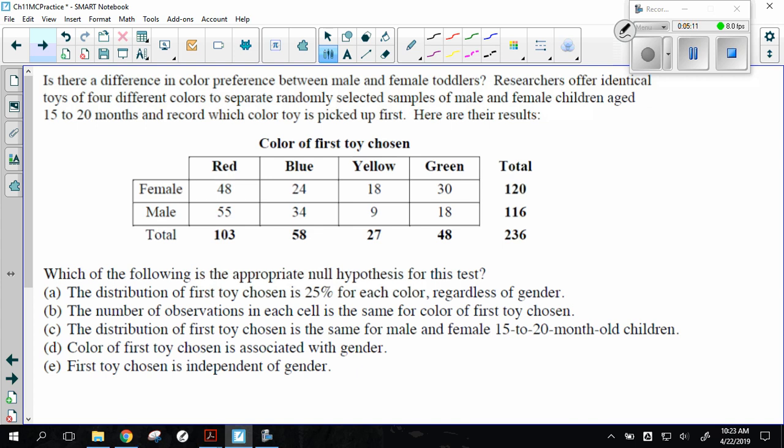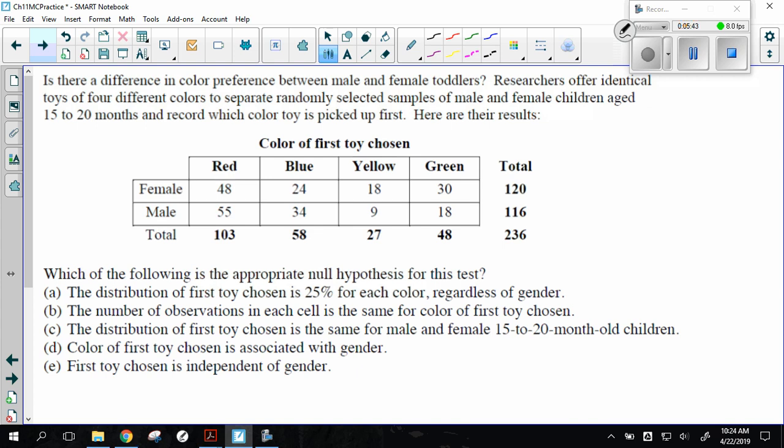So we're looking at a 2D table. Let's just go ahead and read through these and see what makes sense. The distribution of the first color chosen is 25% for each color, regardless of gender. Let's see. The number of observations in each cell is the same for color of first toy chosen.